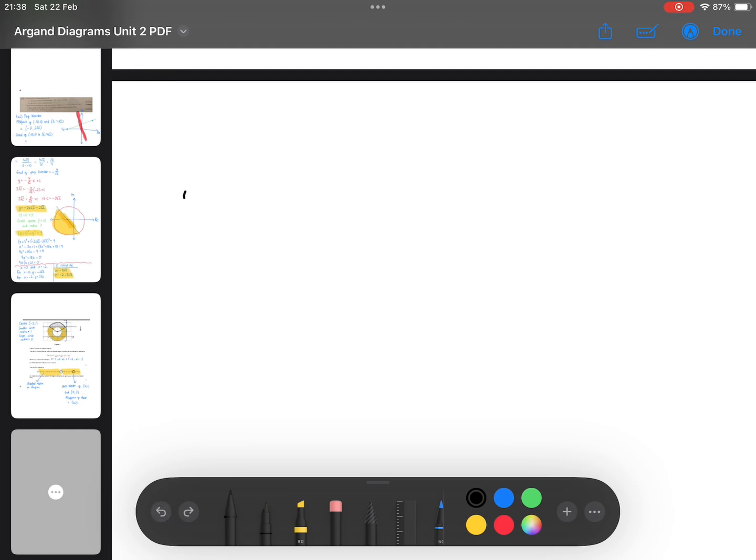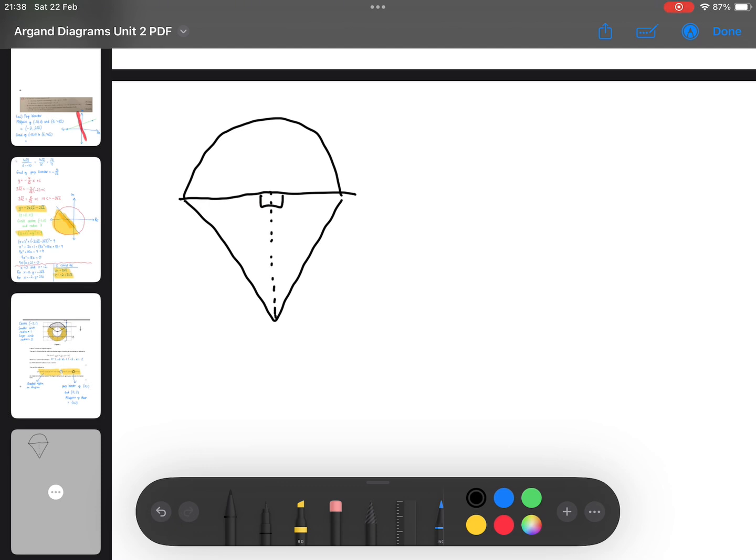So we have this sector here, and I'm also going to split this down the middle, which might make it a little bit easier to work with as well. So we know that this length here was the radius.